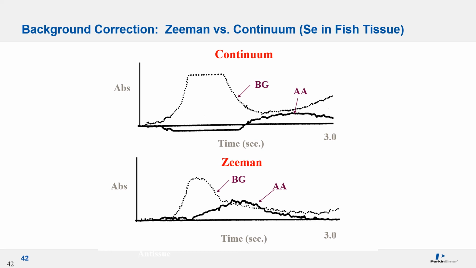With Zeeman correction, the use of a single source with the same spectral resolution accurately measures the BG component when the magnet is on in this case, eliminating the overcorrection problem and producing more accurate data.